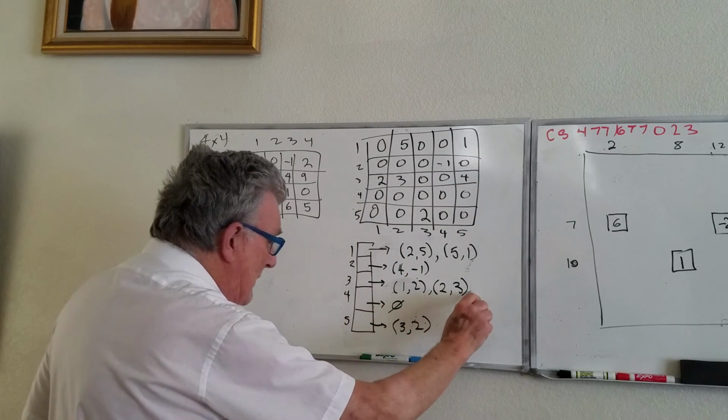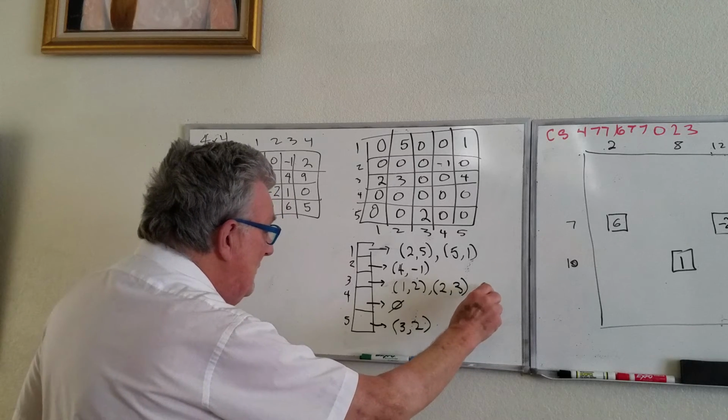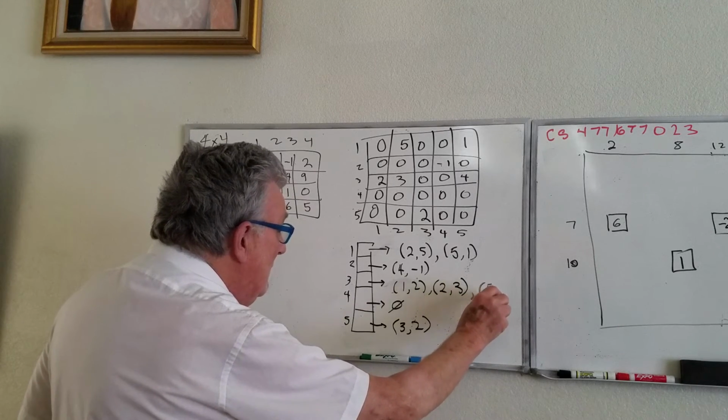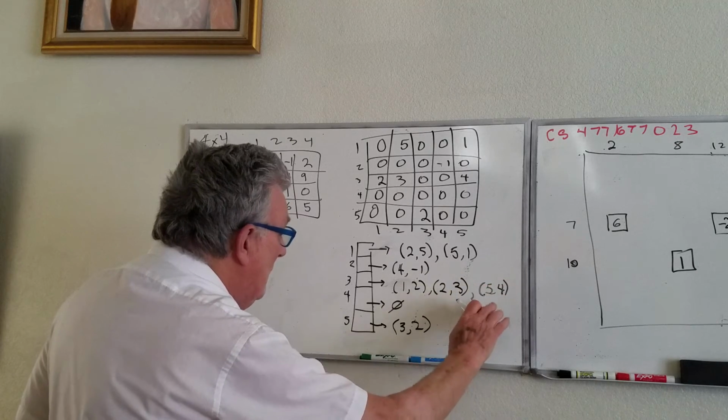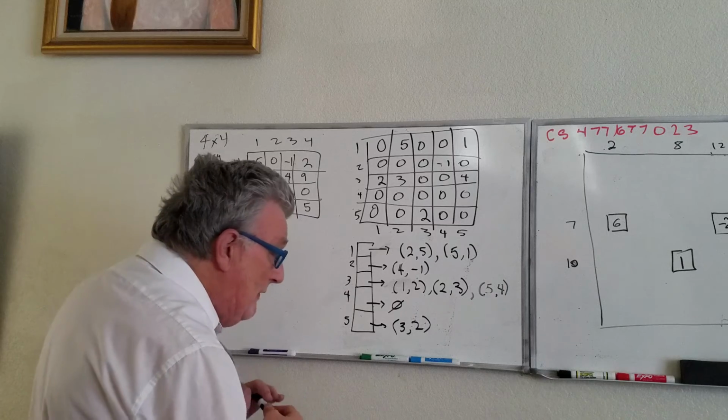Well, it looks like I missed one here. This is the array in position, let's see, this would be 5, 4 for row 3. So this is the correct thing there.